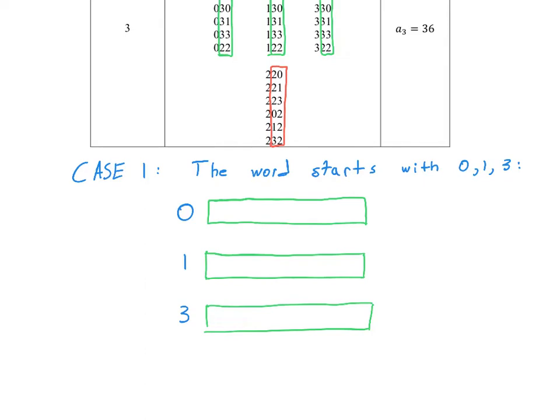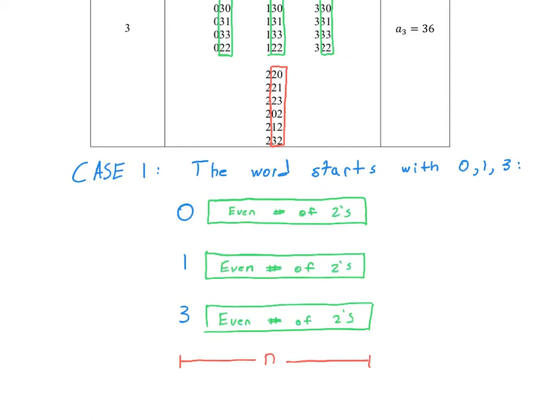We'll suppose that we're dealing with words of length n here, because we'll try to get a formula for a sub n. And what we'd like to do is place an even number of 2's inside all of these boxes that are here.